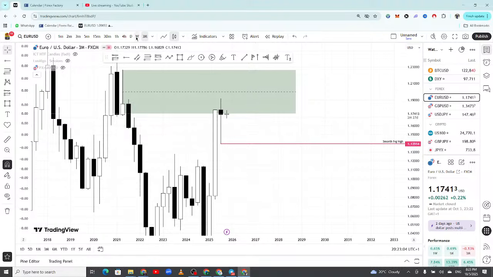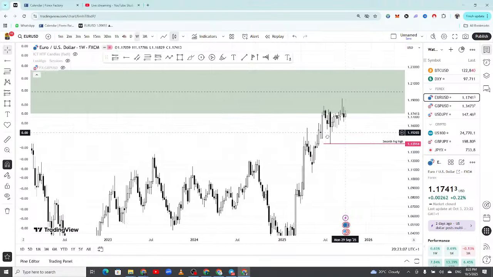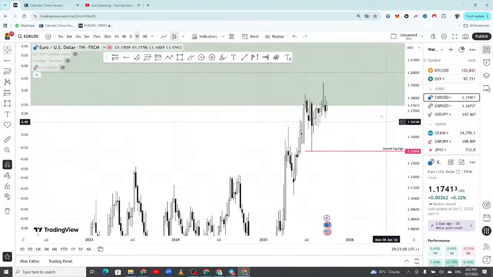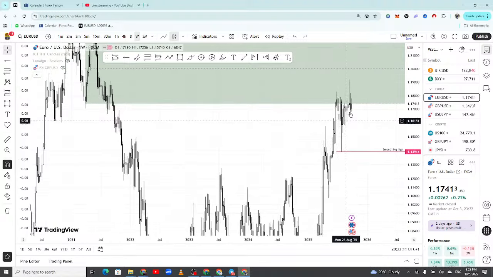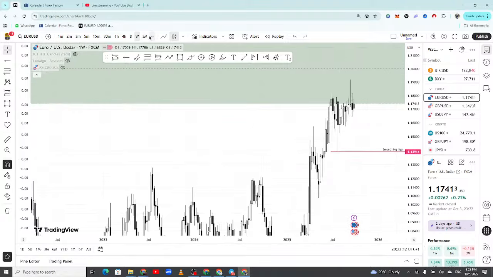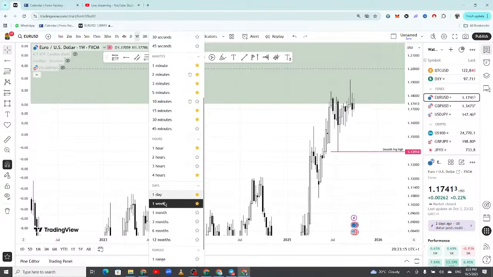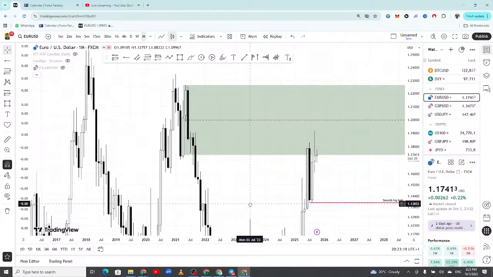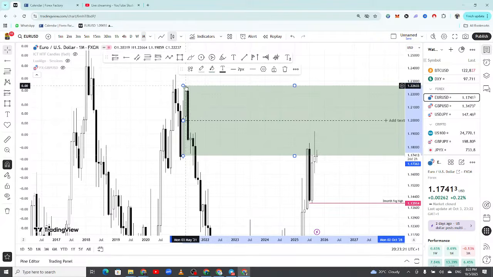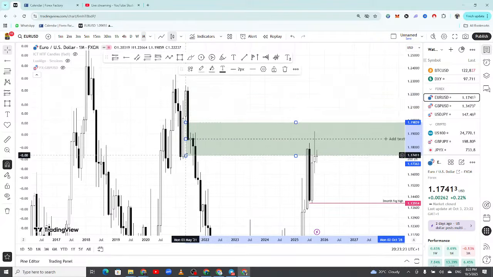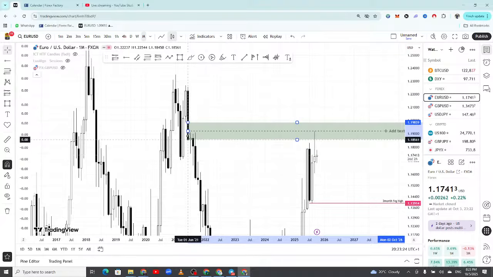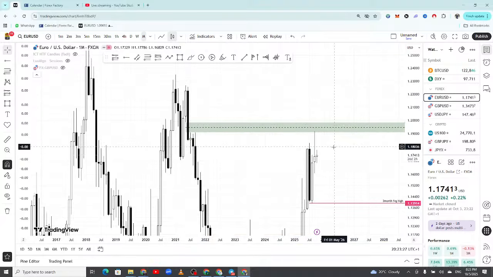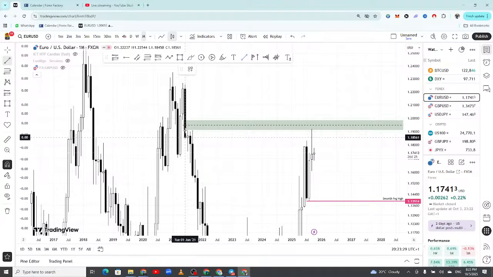So going down straight to the weekly time frame, we also see lots of ranging. On the monthly time frame, price actually traded into a fair value gap here, which is this one. That's one of the reasons I really love to see euros drop, because we fill that fair value gap.